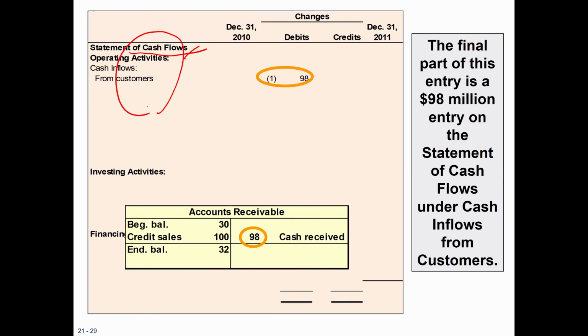So from the T account, they have 3 numbers we need to put into different spreadsheets. We don't use T account anymore. The T account here was just to help you build some connection with the old method. But now we don't use T account anymore. We just use the summary journal method.